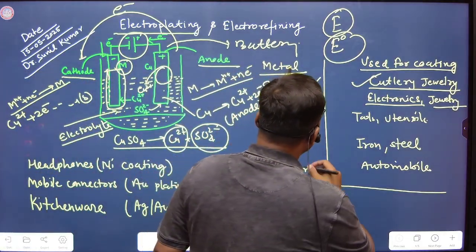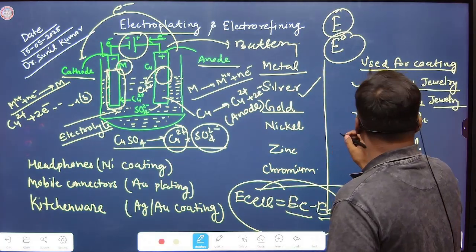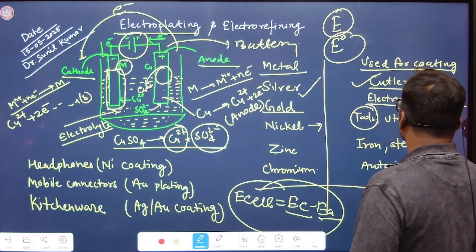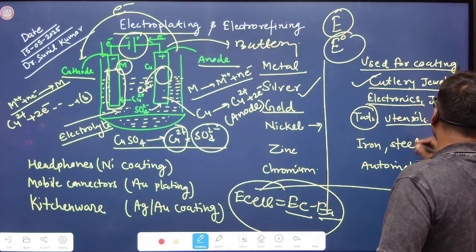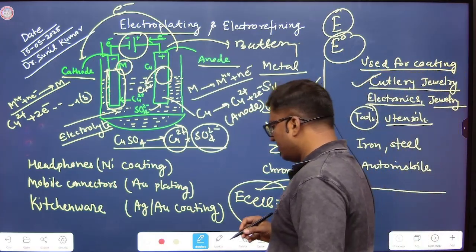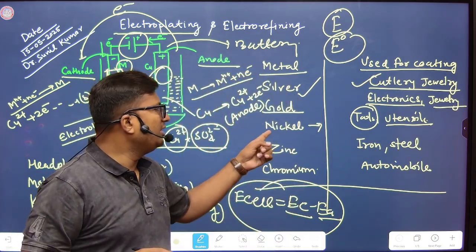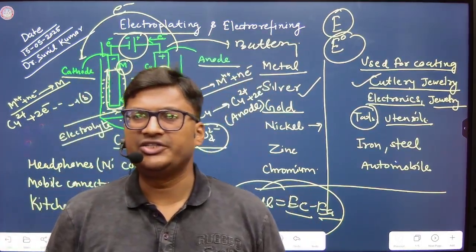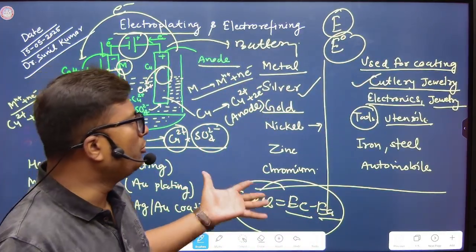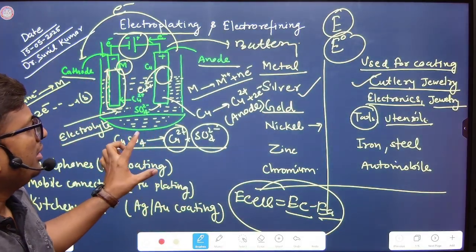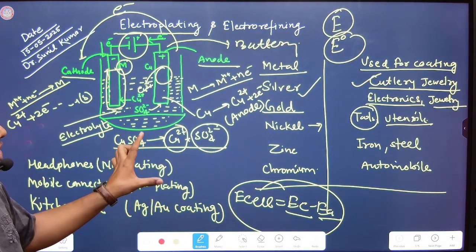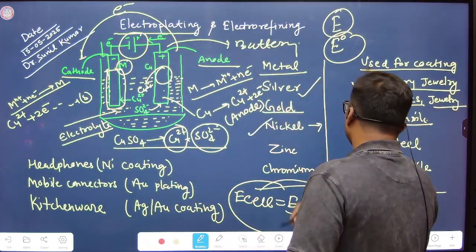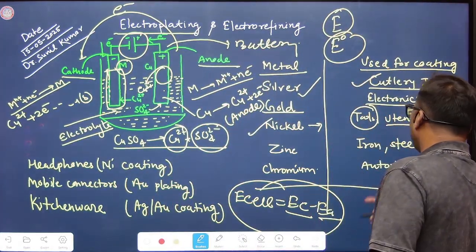Another thing, if you want to plate nickel, such as on tools or utensils, kitchenwares, nickel is corrosion resistant, so it has high capacity to resist corrosion, and it improves the surface property, or increases the shining of the tools or utensils, so it is used as an electroplater. So it is electroplated on tools and utensils.